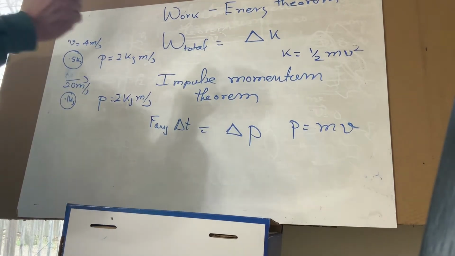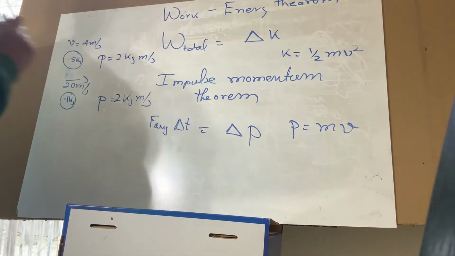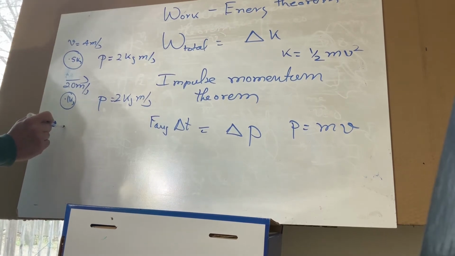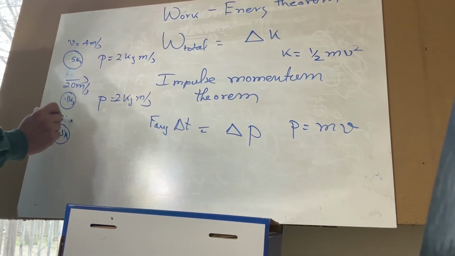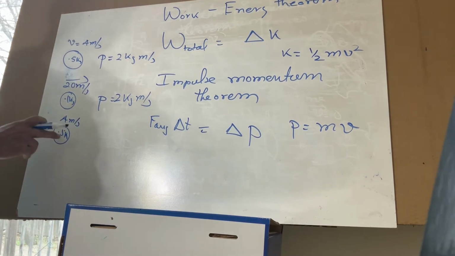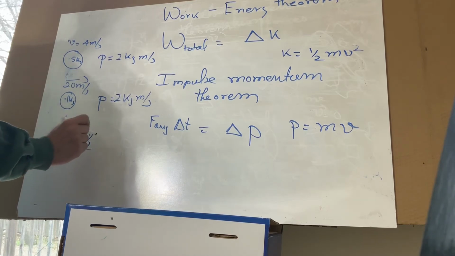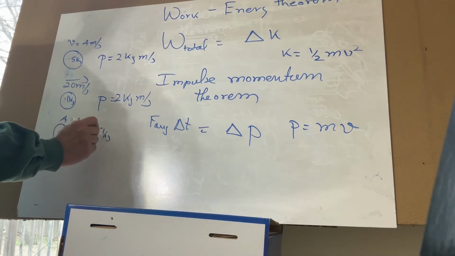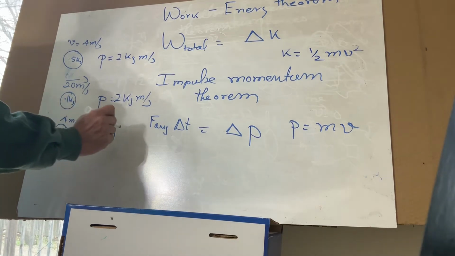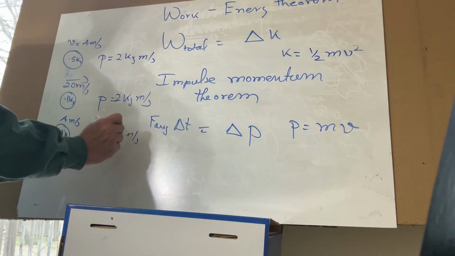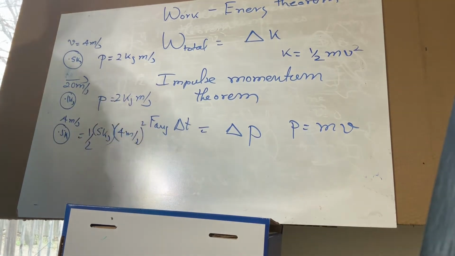But what about the kinetic energies? For this one, the kinetic energy is 1/2 times the mass, 5 kilograms, times 4 meters per second squared, right?